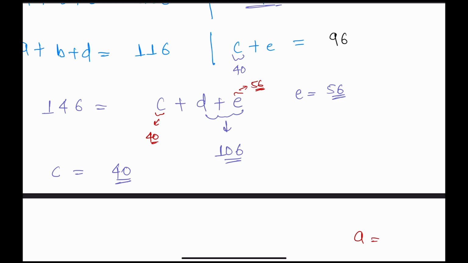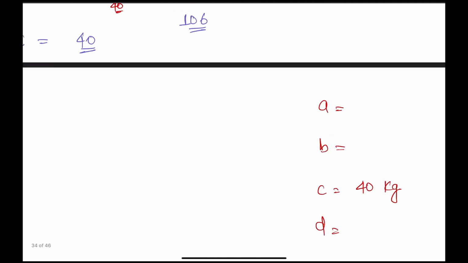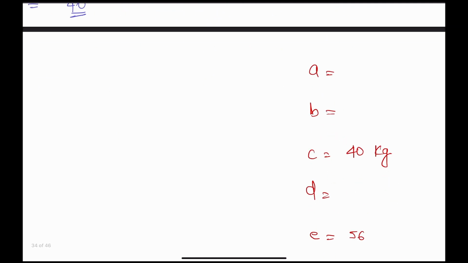Can we find the value of d? d will be nothing but 146 minus c plus e. We can just take the value from here, then we'll find the d value. So d will be 50 kg.